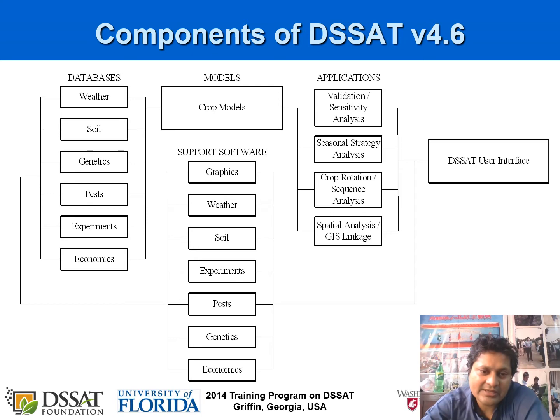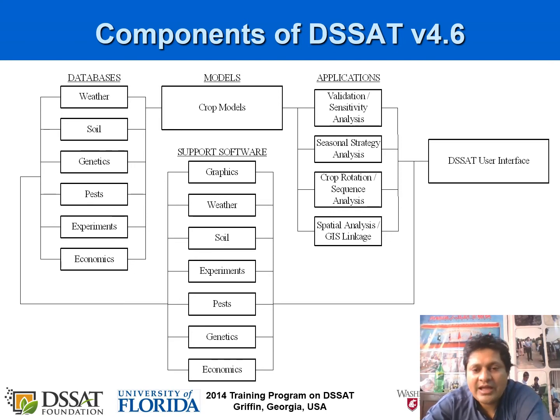We need input information to be put here, like weather information, soil information, genetics, tests, experiments, and economics. Then there are the modules that compute different things related to the input data, like crop models, supported by software such as graphic software, weather software, soil-based software, and experiment, test, genetic, and economics software, and applications.